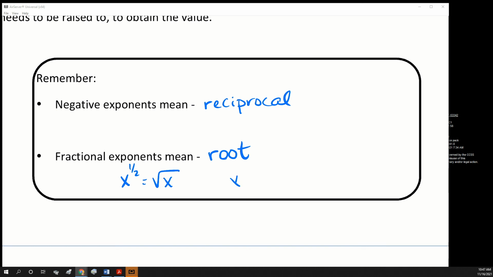Or if you have x to the 1/3, that means the cube root of x. Or if you have x to the, we'll say the 3/4, right? The denominator tells you what type of root it is. So that would mean the 4th root of x cubed. Now, we probably won't use that today, like the 3/4, but that is a good thing to remember.